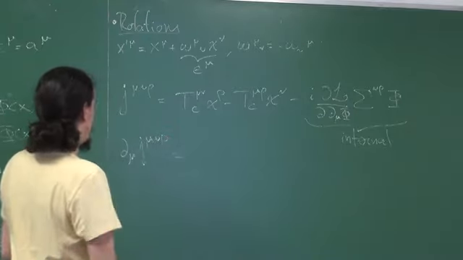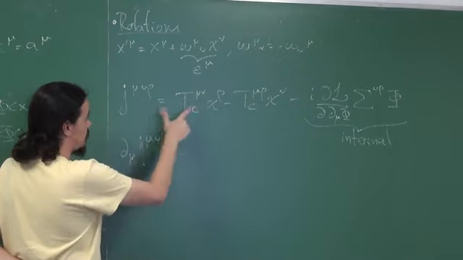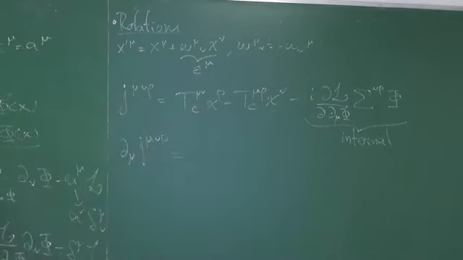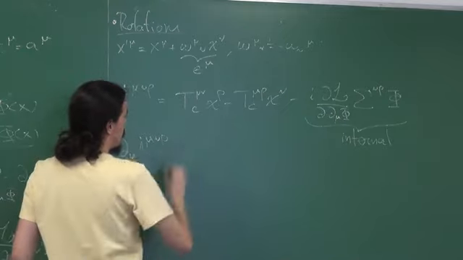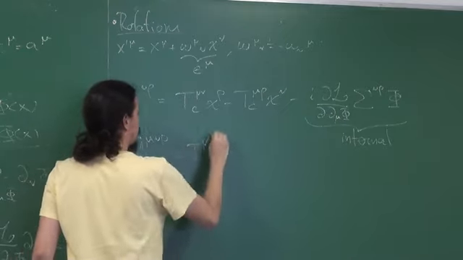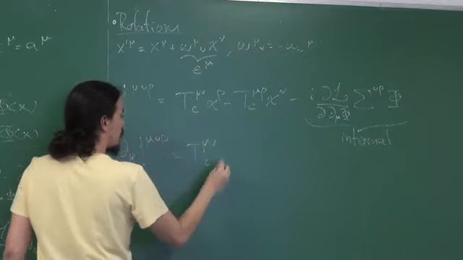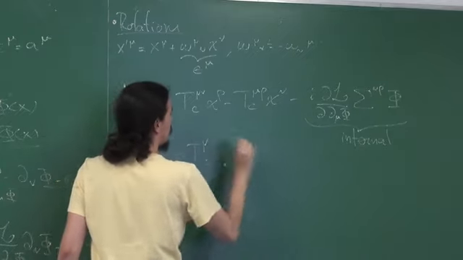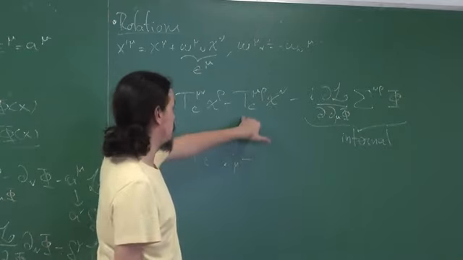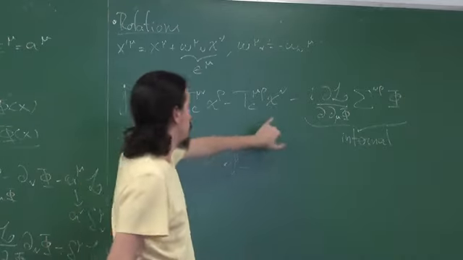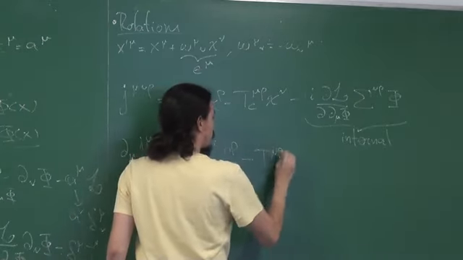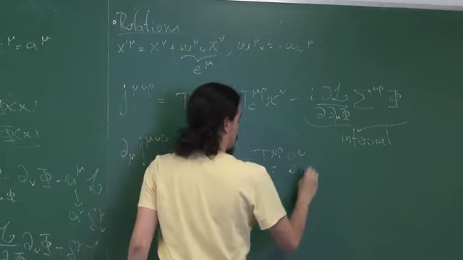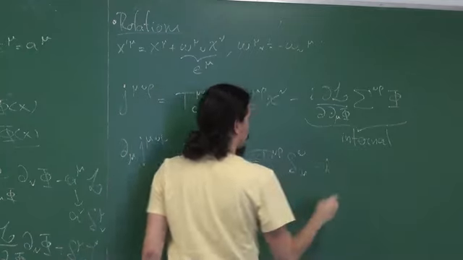When this derivative hits the canonical energy momentum tensor, it vanishes from translational symmetry. And when it hits x, you're going to end up with delta rho nu. Same thing here, when the derivative hits the energy momentum tensor, it vanishes, so the delta comes from the x nu. And we have this addition.